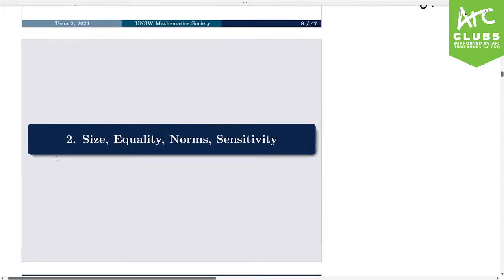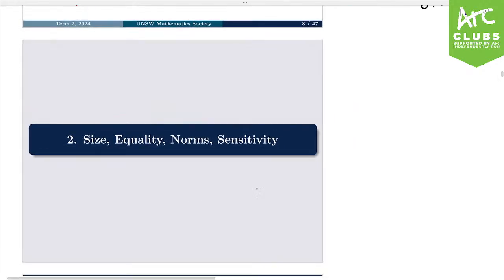So, okay, now we move on to topic 2, which is about norms and sensitivity.